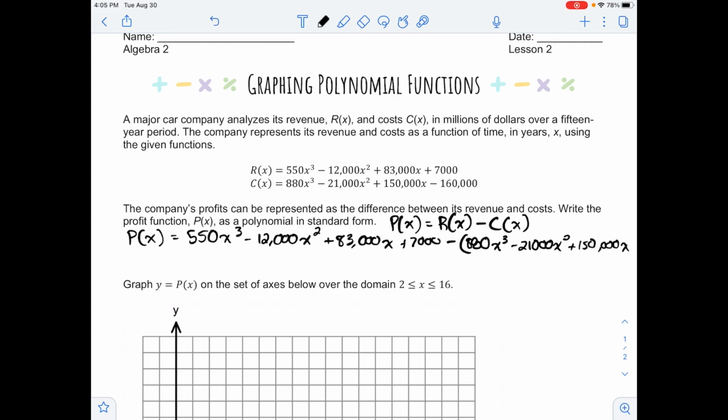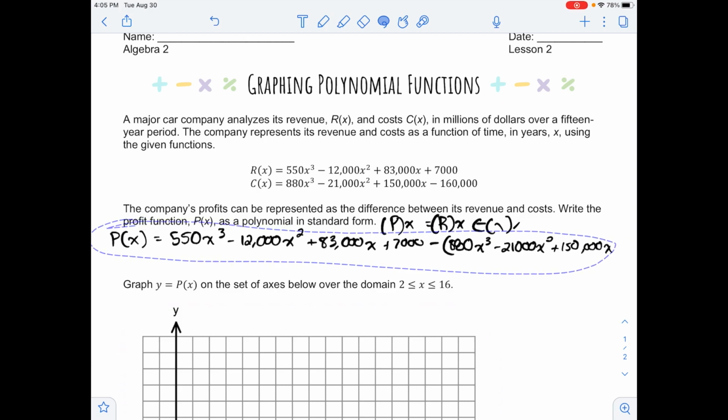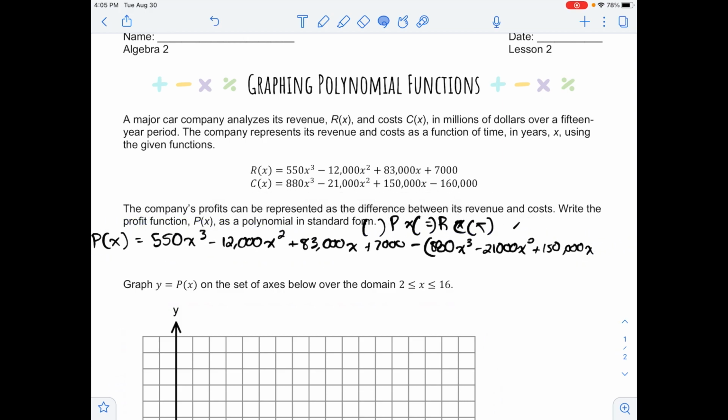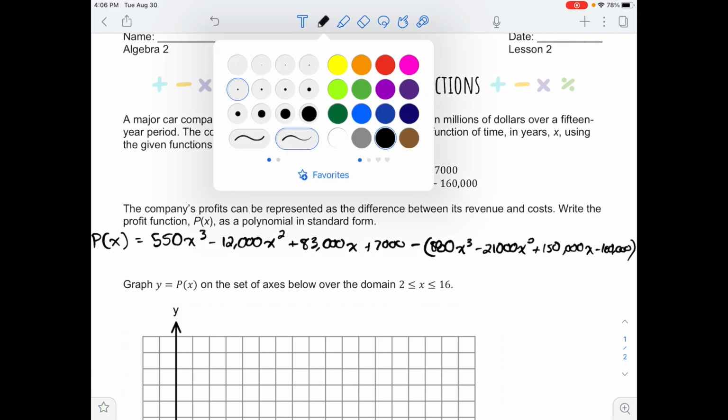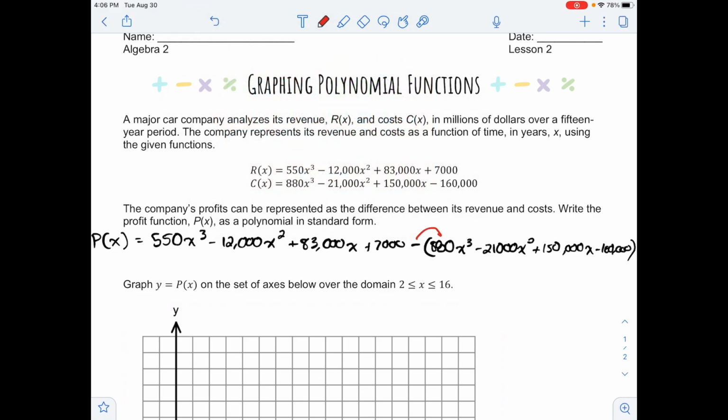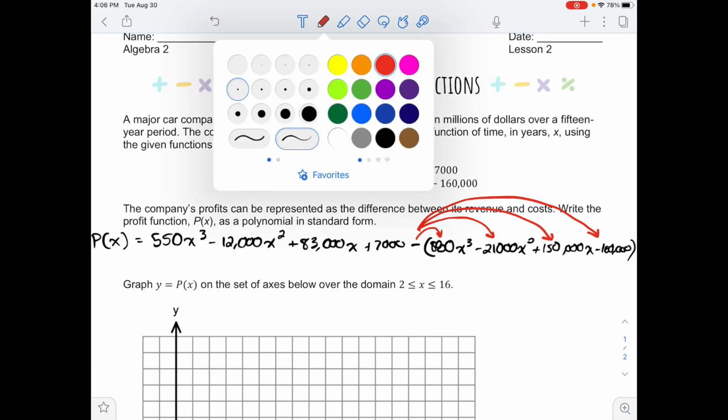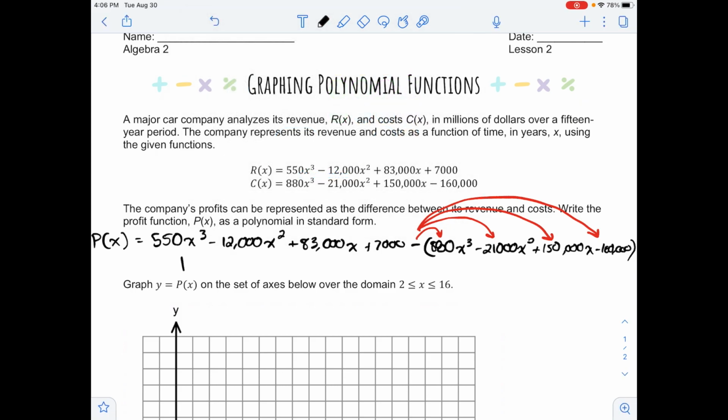Let's see if I can move it over. Okay. All right, so this parentheses lets us know that we need to distribute this negative sign.